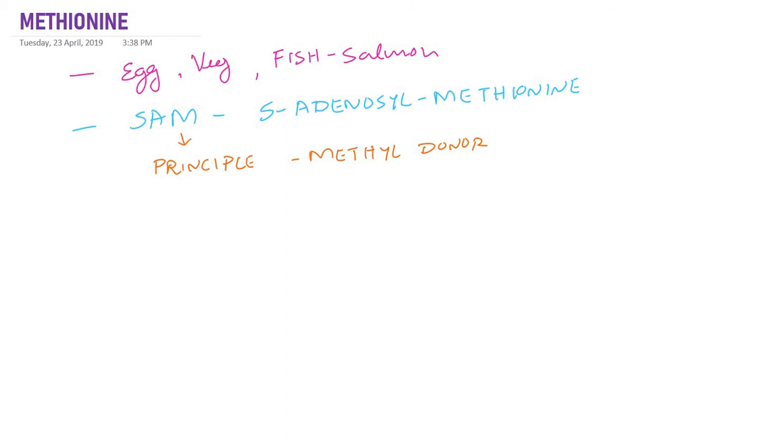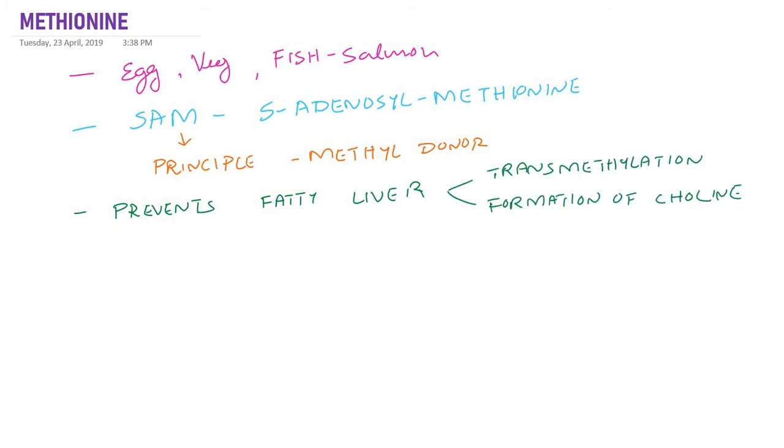Those reactions which require a methyl group need SAM, which is a principal donor of methyl group. This methionine prevents fatty liver, mainly because it helps in formation of choline and also participates in transmethylation reactions. Here choline is considered a lipotropic factor.